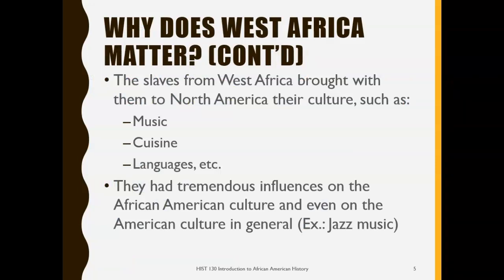The slaves from West Africa brought with them to North America their culture, such as music, cuisine, and even their language. You may have heard of the Low Country in South Carolina, who are speaking languages from West Africa.